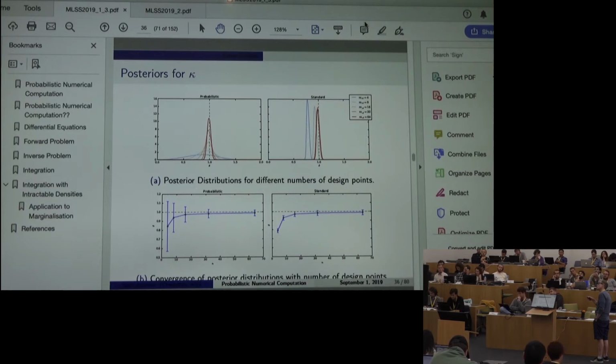we have inconsistency in our covariance. So you can see that in the regime where we have a small number of data points, the estimate is saying, well, I believe the mean is down here, and I'm fairly certain about it.